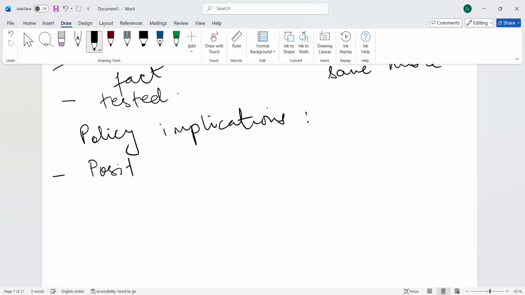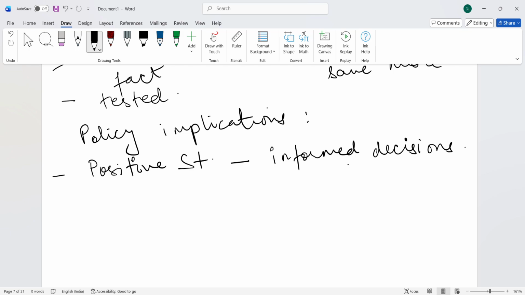A positive statement helps the policymakers to make informed decisions. So a positive statement would be the relationship between interest rates and investments. We know that as interest rates go up, investments go down.